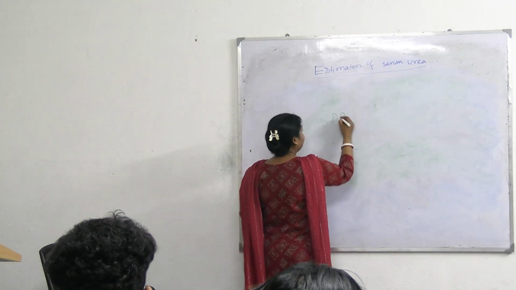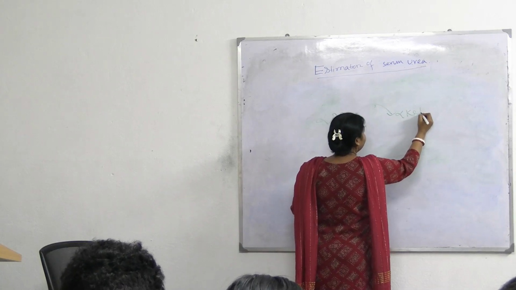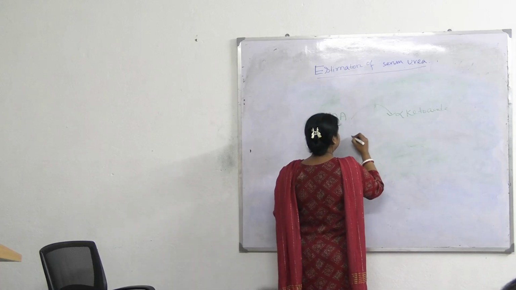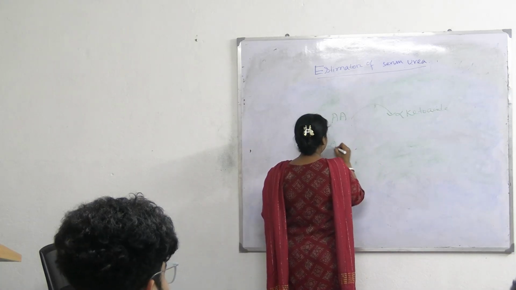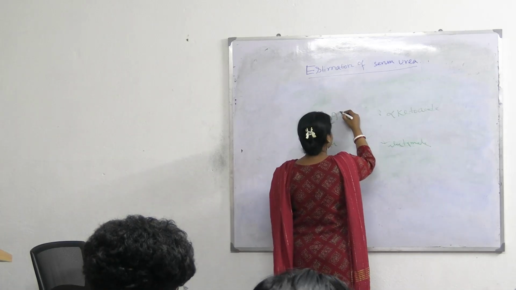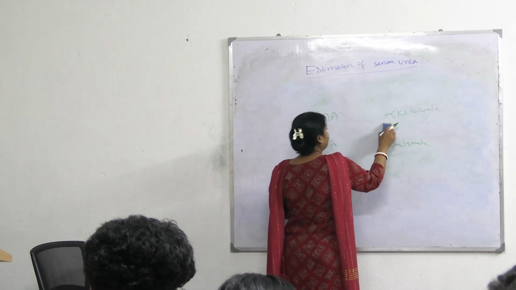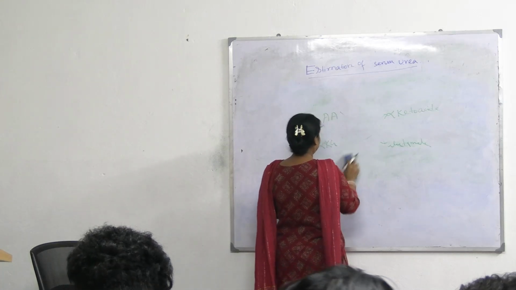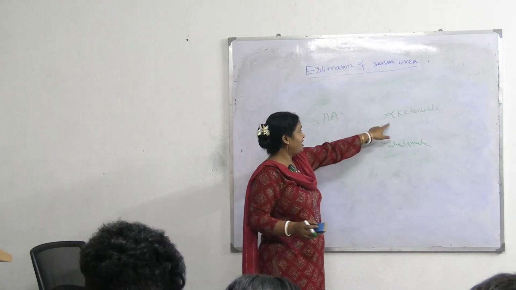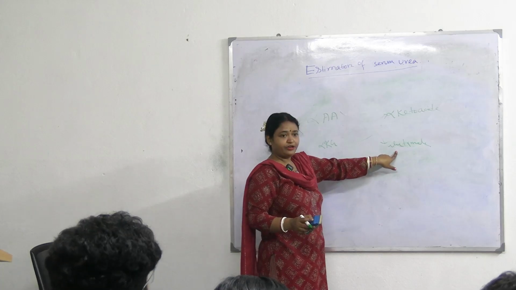Alpha amino acid will give rise to alpha keto acid. So transamination of alpha amino acid will form alpha keto acid, and alpha ketoglutarate will work and will form glutamate.